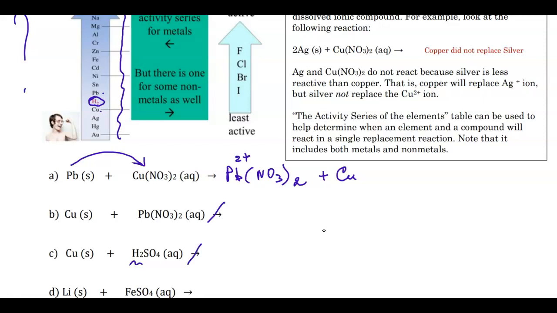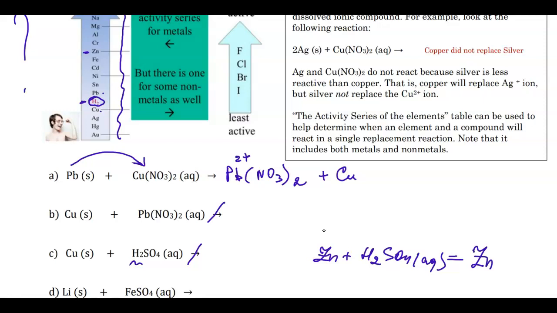But if we have, for example, zinc plus the same acid, sulfuric acid, aqua, we can find zinc here, right? So, yeah, it's here. And hydrogen is here. That means that reaction is possible.